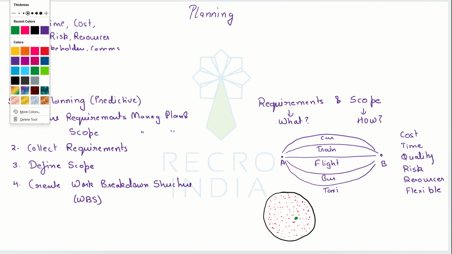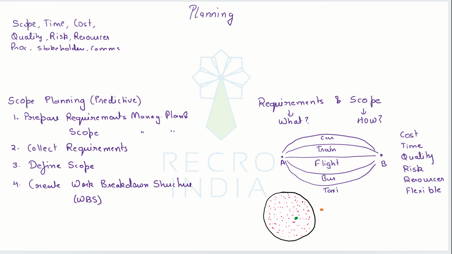But if someone comes asking for a requirement which is this orange dot, then we will simply say no to it, because this is out of scope. This is beyond your agreed upon scope, and you won't be able to deliver this requirement.